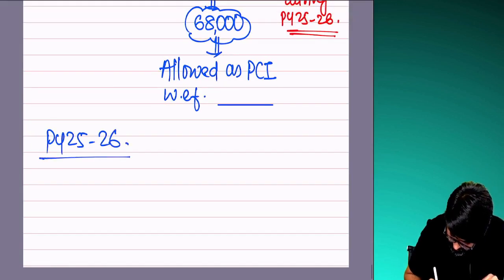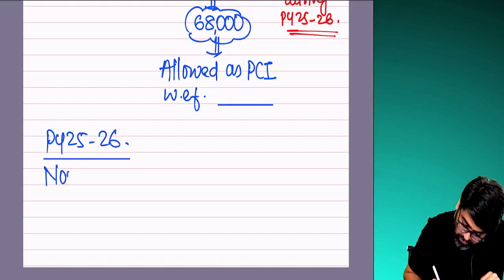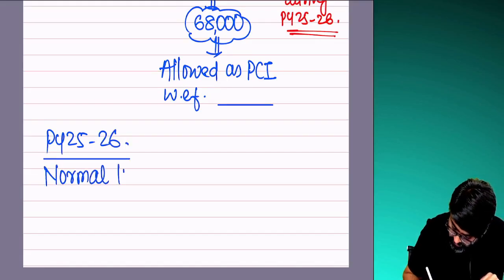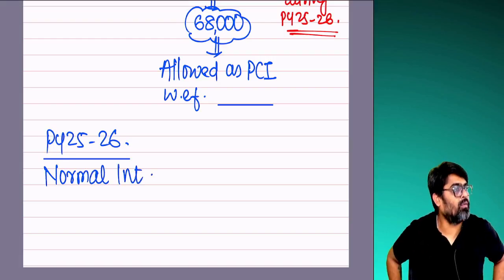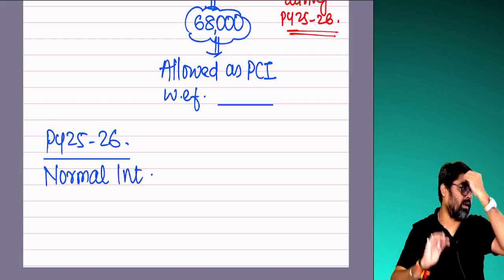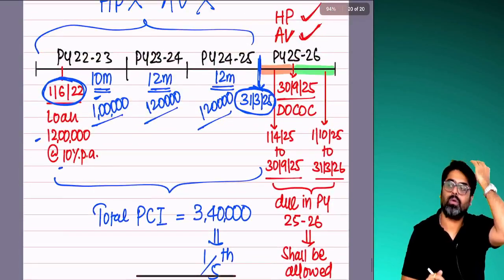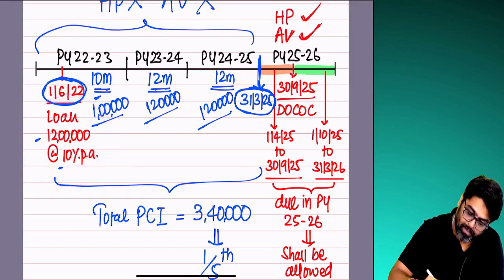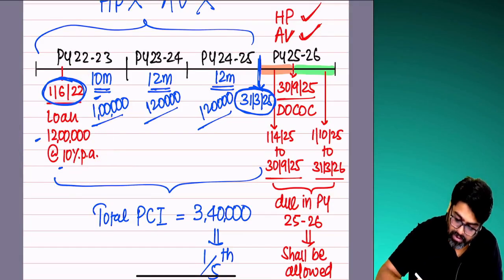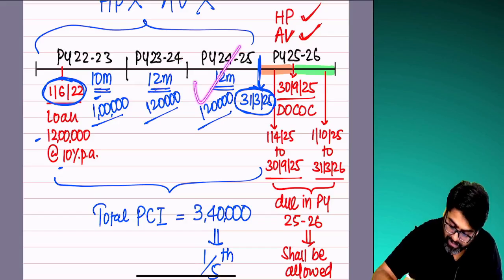So tell me, for the previous year 25-26, you have to first calculate the loan which is outstanding in 25-26. How much loan did you take? Did you repay any amount here?